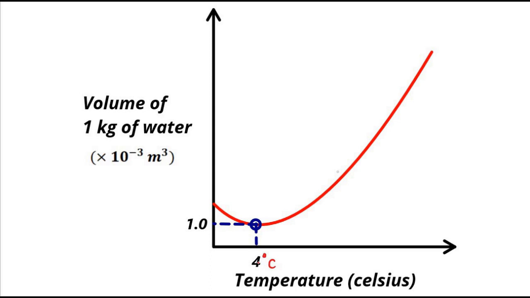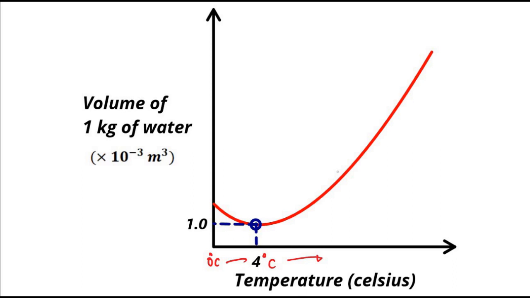Now from this 4 degree Celsius point, when the temperature is increased, the volume starts increasing. This is the peculiar behavior of water. From 0 degrees Celsius to 4 degrees Celsius the volume decreases, and beyond 4 degrees Celsius it increases.